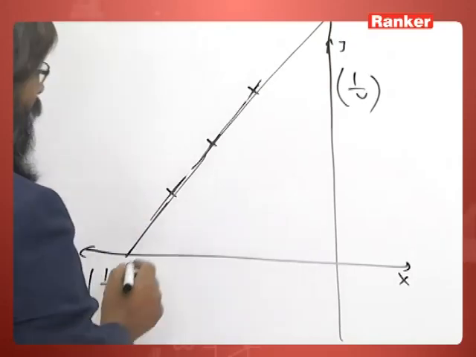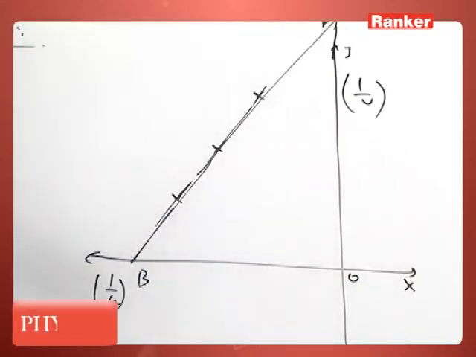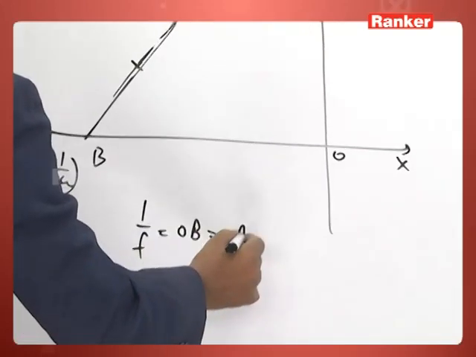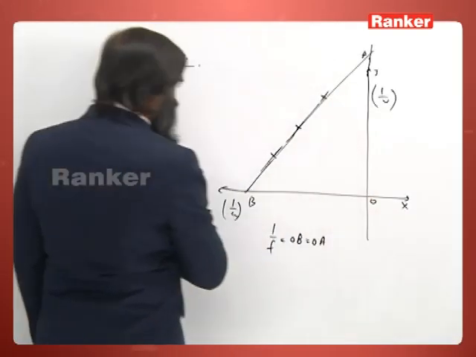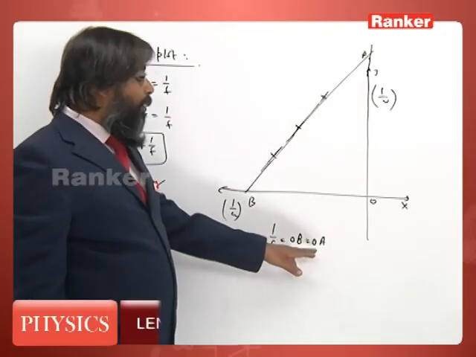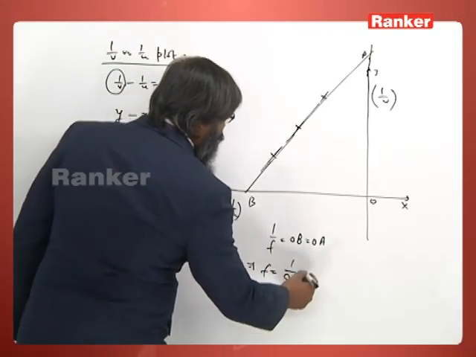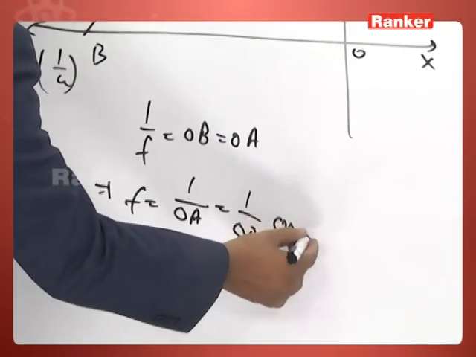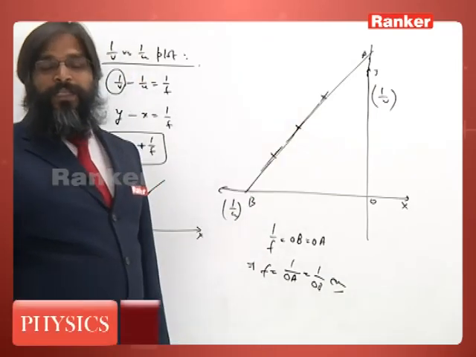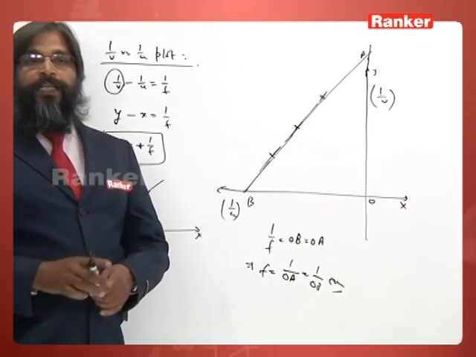When I join these points, they intersect at, suppose, A and B. So 1 by f becomes OB or OA, anything we can say, because the slope is 45 degrees and they will be equal. So the 1 by focal length is given by OB or OA. So we will have f is equal to 1 by OA or 1 by OB centimeters. So this is how we plot u, v, 1 by u, 1 by v, and calculate the focal length in our lab.